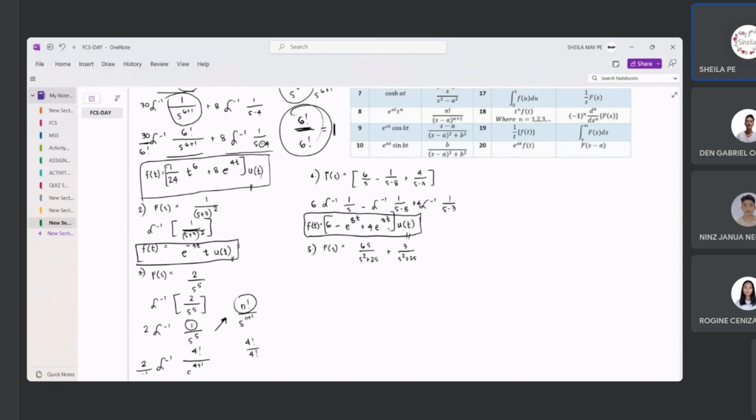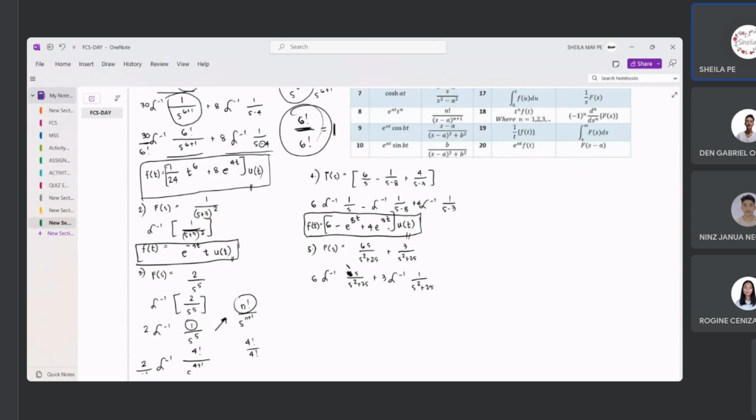Okay, so we have to get the inverse Laplace of 6s over s squared plus 25, plus 3 inverse Laplace of 1 over s squared plus 25.